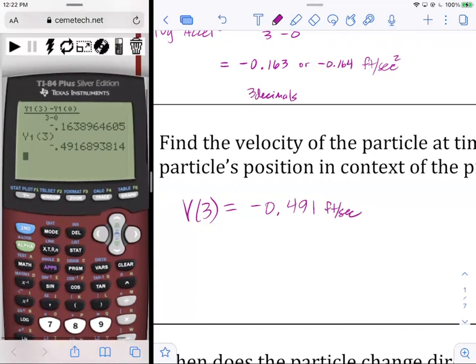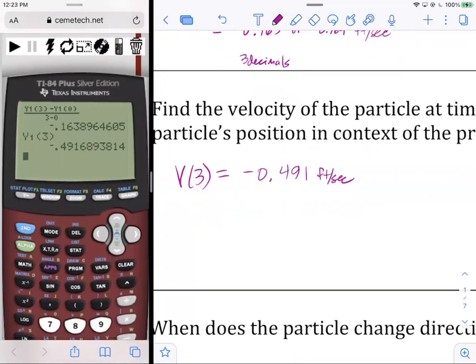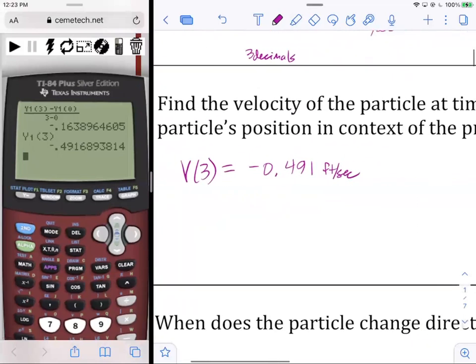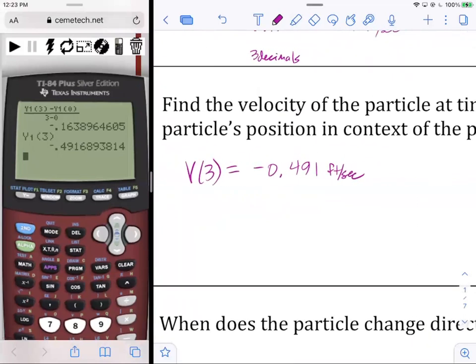All right, so now we got to write our sentence in terms of the particle's position, okay? So we would say at t equals 3 seconds, comma, the particle's position is, what? Increasing or decreasing?